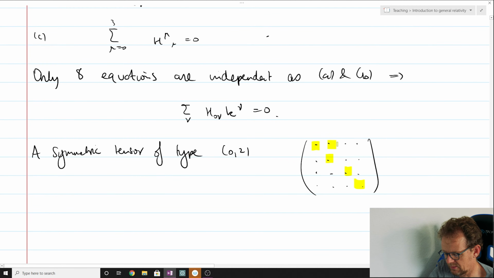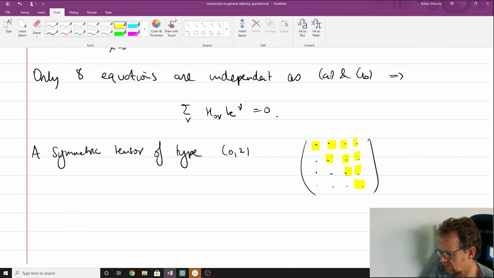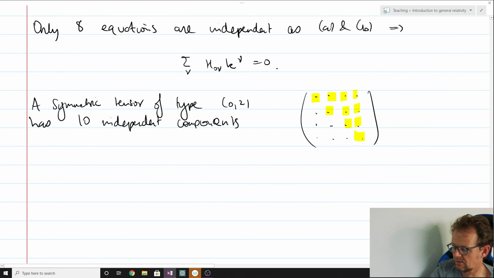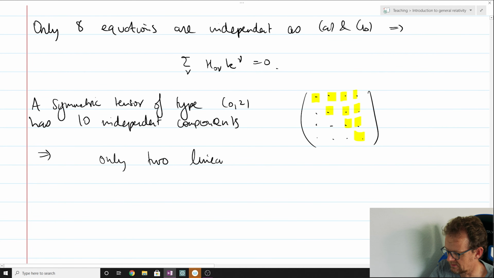They're independent. 4 plus 3 upper diagonal, 7, 9, 10. All the other entries are completely determined. So this has only 10 independent components. So just this naive variable and equation count leads us to conclude that there are only 2 linearly independent solutions.